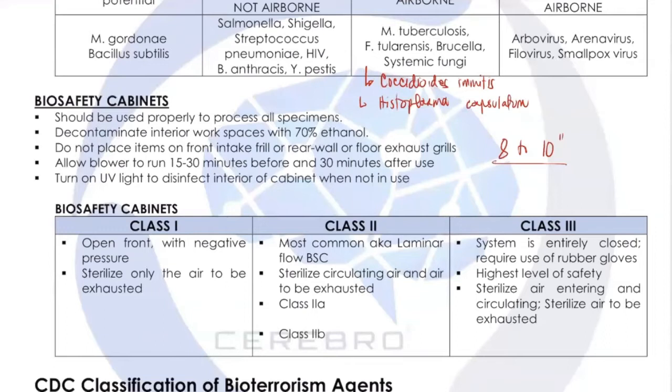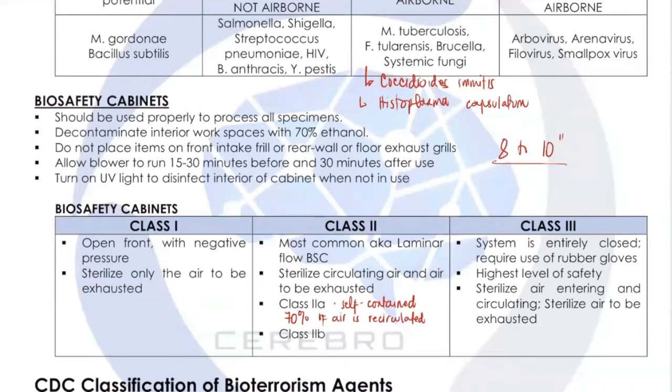Now, for the class 2 biosafety cabinets, there are 2 types. We have class 2A and class 2B. Pag sinabi natin class 2A, ito yung tinatawag natin na self-contained. Okay? Self-contained biosafety cabinet wherein 70% of air is recirculated. Take note, 70% of air is recirculated. Okay? Then meron tayong class 2B.